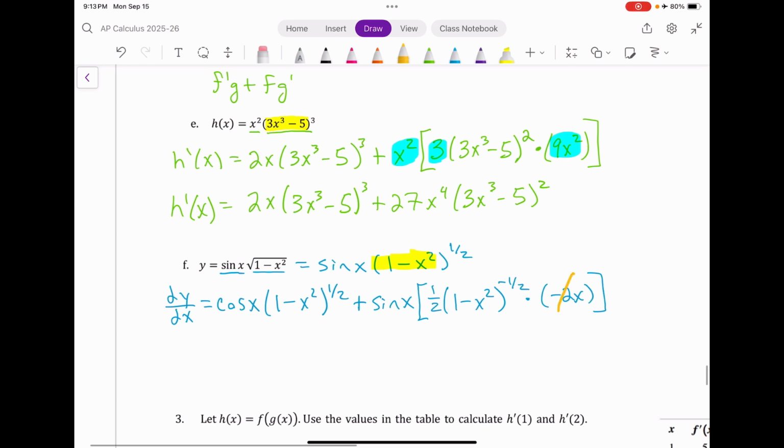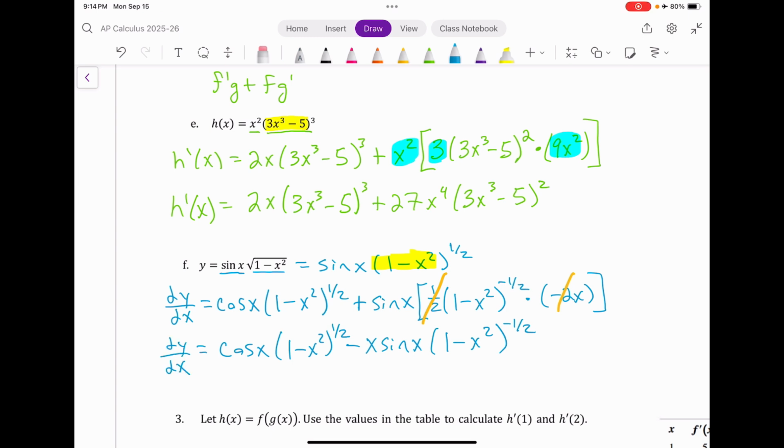Yeah, we can. So the 2 times a half will cancel out to become 1. So we'll have minus x sine x times 1 minus x squared to the negative 1/2. And then nothing happened on that first term, so we'll leave it like this.